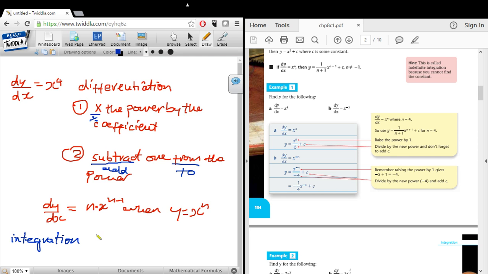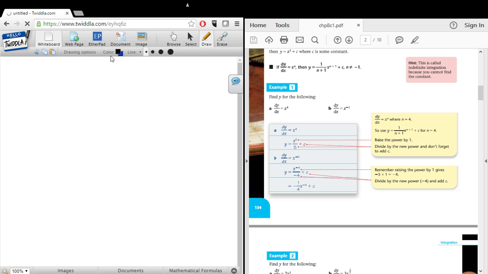So now, if dy/dx equals x^n, then y is going to be x^(n+1) over n+1, plus c. So with this example here, we have x^4. Well, that is going to mean that we have x^(4+1) over 4+1, which gives us x^5 over 5.